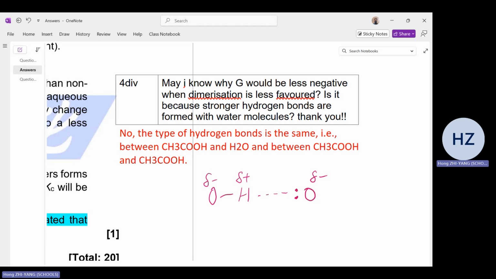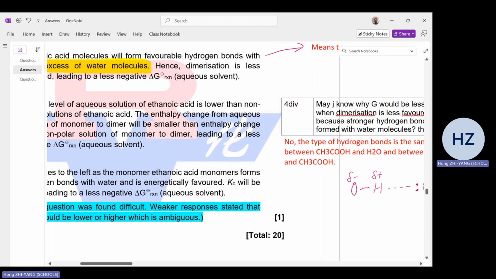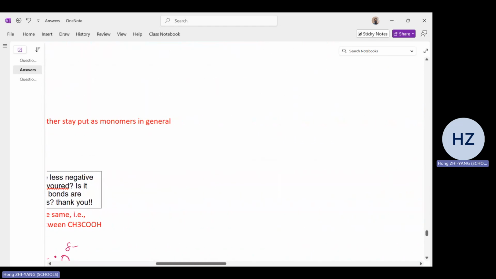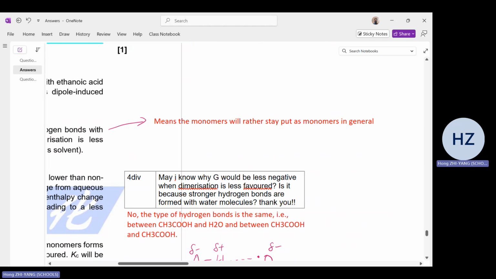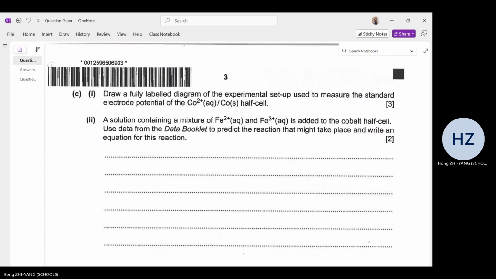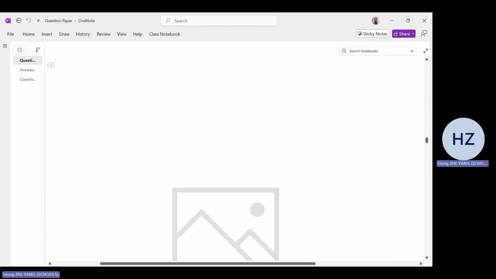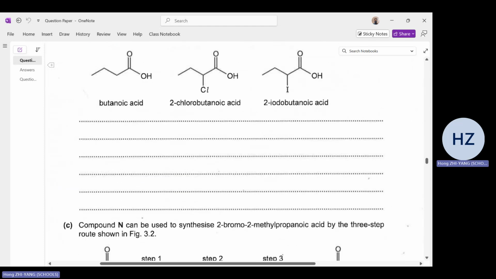So why is dimerization actually less favored, and when it's less favored, then your delta G is less negative? It's because, okay, I think I should go back to the question. What's my question? Sorry, let me find my question. It's about equilibrium position. I'll just use this one to answer it properly.